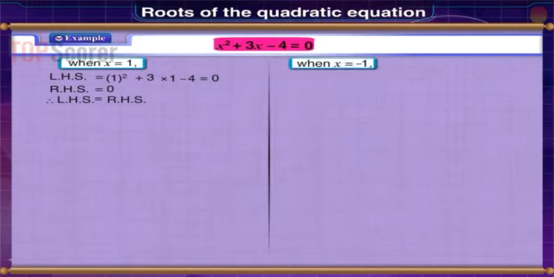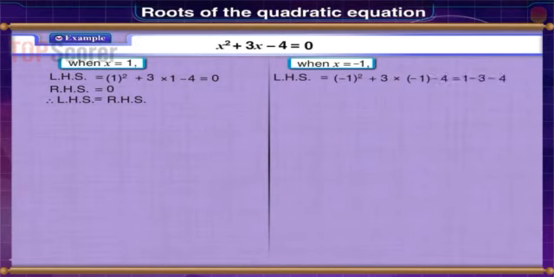Now, substitute x is minus 1 in the left-hand side of the equation. What do you get? Left-hand side is minus 1 the whole square plus 3 into minus 1 minus 4, which is minus 6. Is it equal to right-hand side?